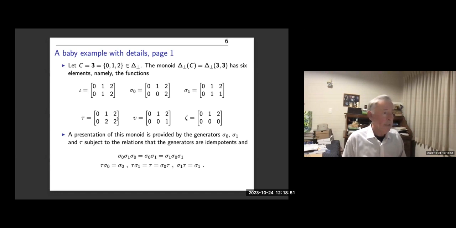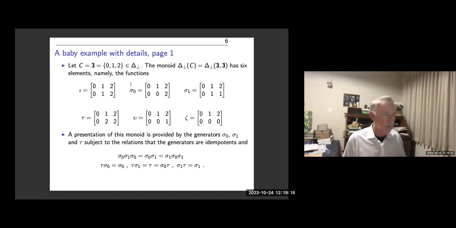It's only a monoid. I'm writing these as matrices, but they're not meant to be matrices. They're meant to be functions, right? So this iota is the thing that takes 0 to 0, 1 to 1, 2 to 2. So it's the identity function. Sigma naught is the one that takes, everything has to take 0 to 0 because that's the first element. And it still has to preserve order. So you only have these 6 elements.